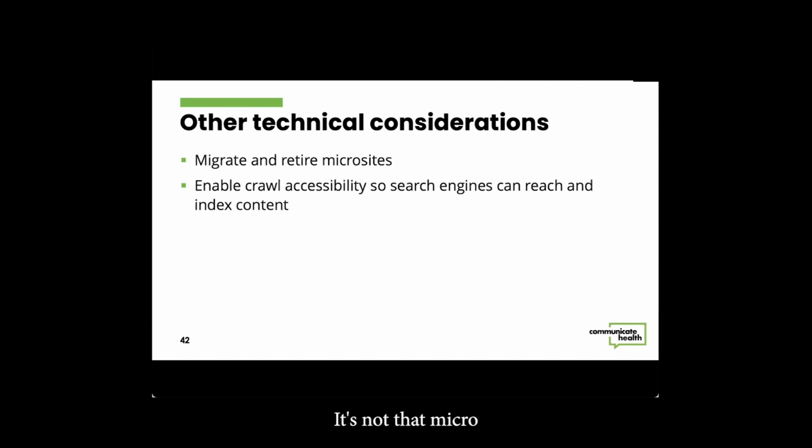It's not that microsites are inherently bad for SEO, but often if your website has many different microsites or even a few different microsites, there's a higher probability that you're repeating content across these microsites, and duplicative content negatively impacts SEO. So that's a consideration there. And then enabling crawl accessibility on your website so search engines can reach and index your content and then hopefully rank it positively.